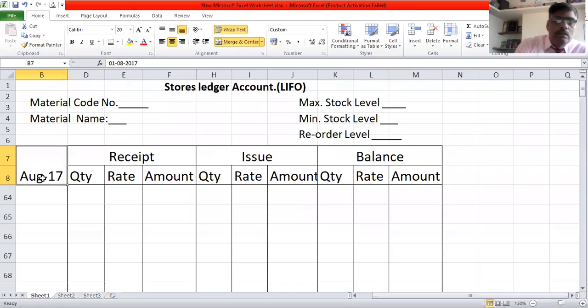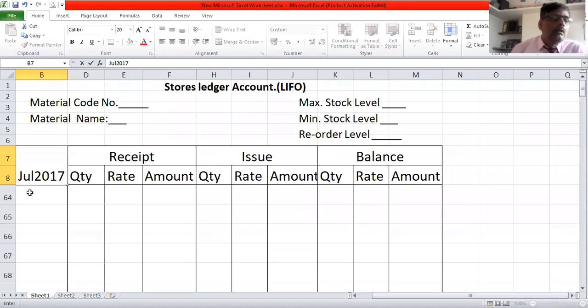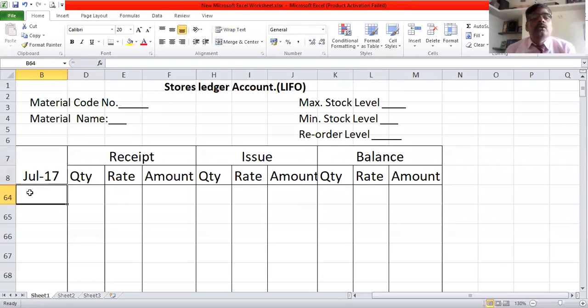You take July 2017, and write the date in the date column. The first date is 1. It is July 1, not February 1. If February 1 is there, you change it. Otherwise, you write February 1, no problem, and continue.